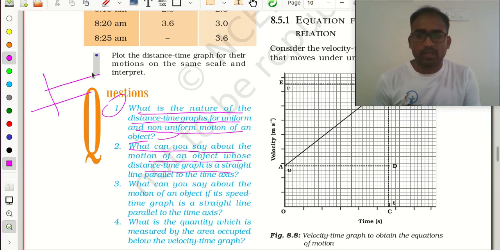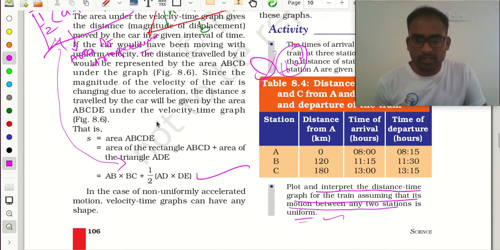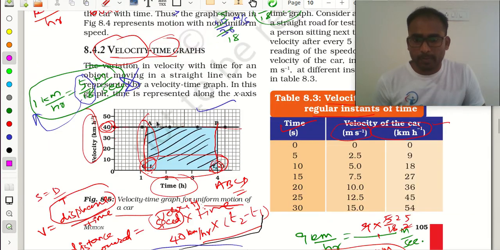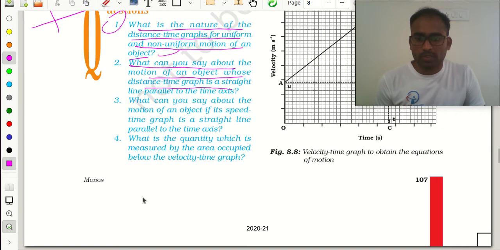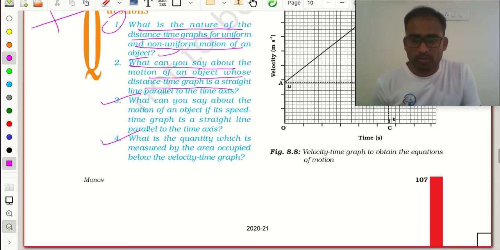Okay. What can you say about the motion of the object? This is a uniform motion of the object. See in this graph, this is a uniform motion. If it is constant here, this is a uniform motion.